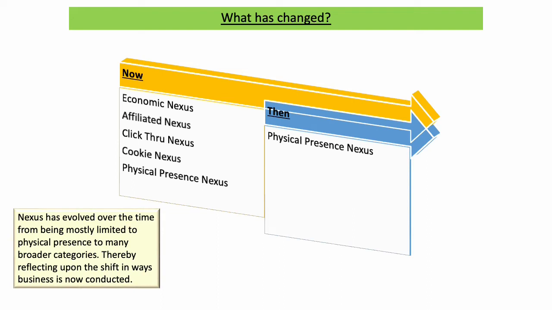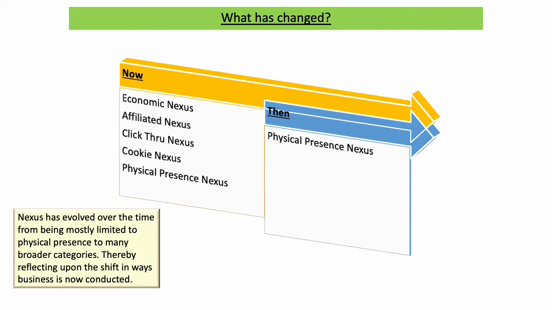So the nexus has evolved over time to keep up with the changing environment in which business is conducted. A few years ago, those who were born then, or are like dinosaurs like me, would know that we had to buy everything by walking into a store or a shop, whereas all the millennials now buy their stuff online.